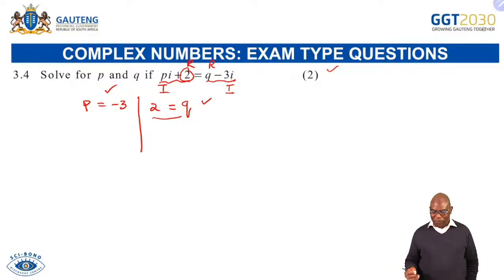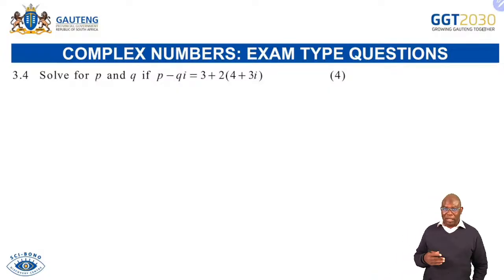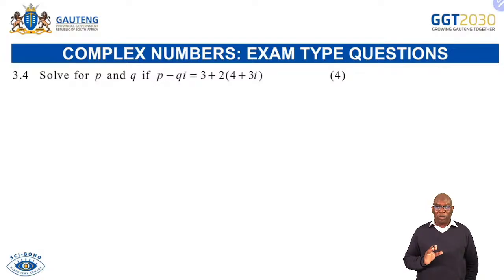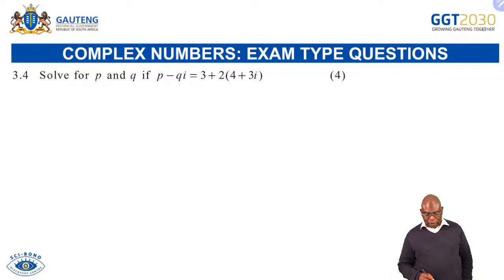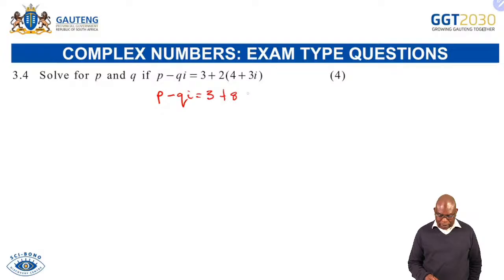All right. Now, the next one, you can see that I've left the numbering as it is so that I show you that these are the questions where you get them in the question paper. It's question 3, that's where you get your complex numbers. Right, with this one, it's the same principle. What are we going to do there? We just multiply out the bracket, so it's p minus qi equals 3 plus 8 plus 6i.